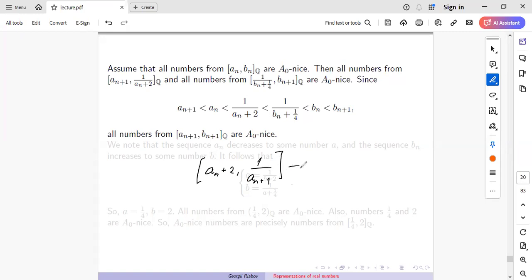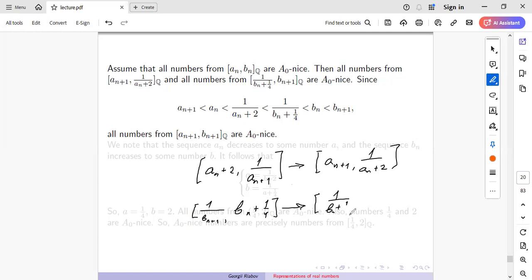And from this, we obtain that all rational numbers from An plus 1 to 1/(An plus 2) are nice. Do the same with 1/4. Get An plus 1/4, which is by definition 1/Bn plus 1, and Bn plus 1/4, which means that all rational numbers from 1/(Bn plus 1/4) to Bn plus 1 are nice.